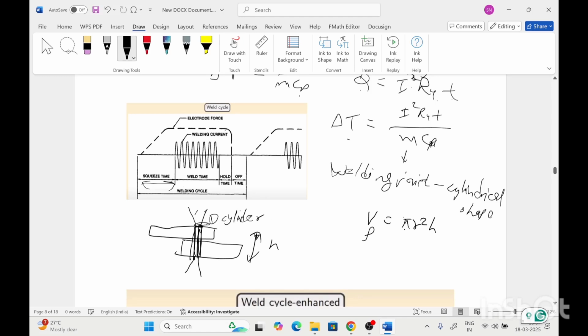This is the diameter d, so R will be d by 2. By multiplying the density of the plates and the volume, we can calculate the mass of the welding joint, and from that we can calculate the temperature gradient in the welding joint.